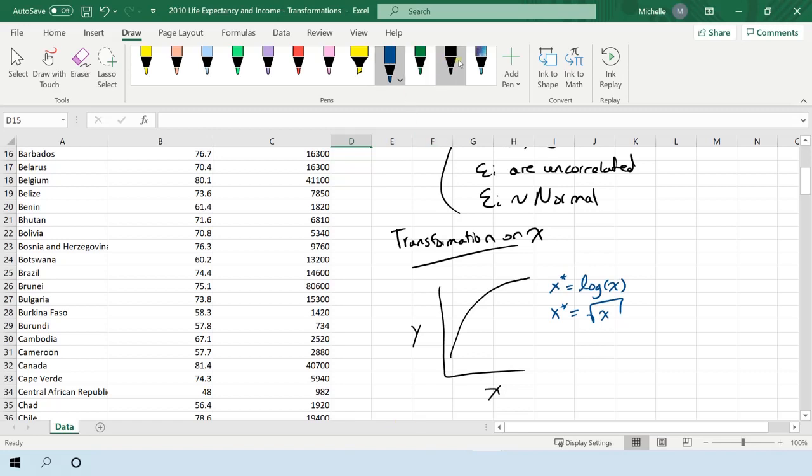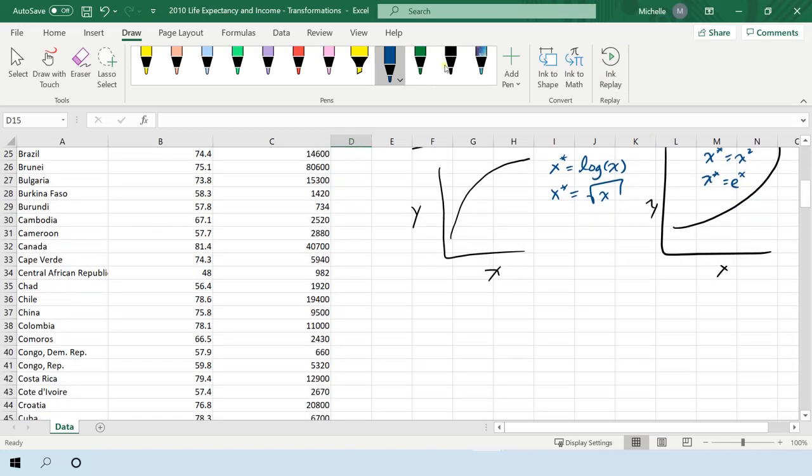If you plotted x and y and saw something like this, you might consider something like an x squared transformation. Or you could use the exponential, e to the power of x.